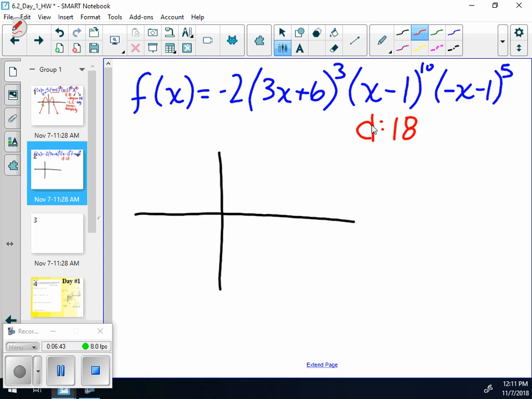What are our zeros? Give me just one of them. All right. We have a 0 at 2. All right. Shepard, can you give me another 0? -1. All right. And then Oliver, can you give me the last one? 1.